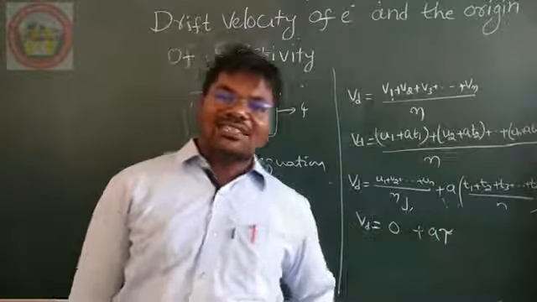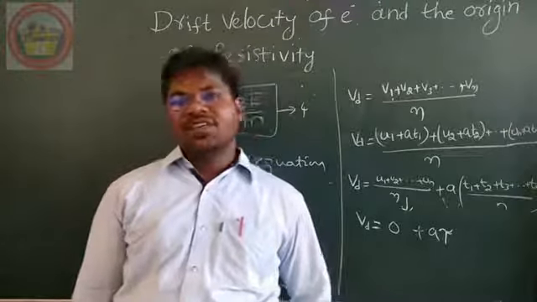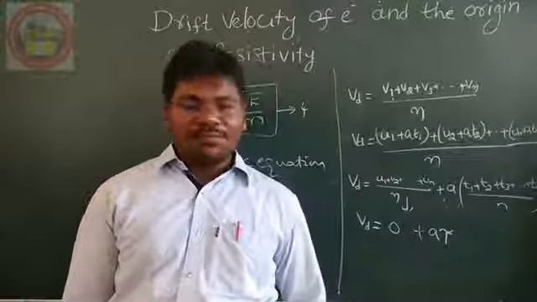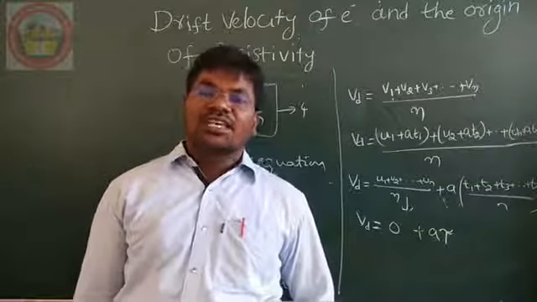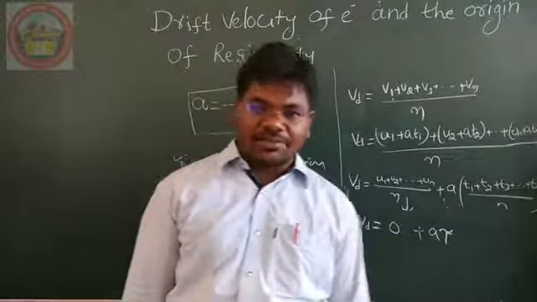The average relaxation time is defined as the time taken by the electrons between two successive collisions, or the time taken by the charges between two successive collisions. We can say that is relaxation time.